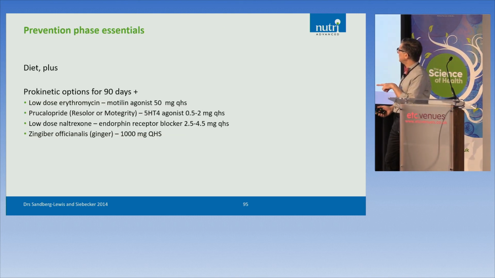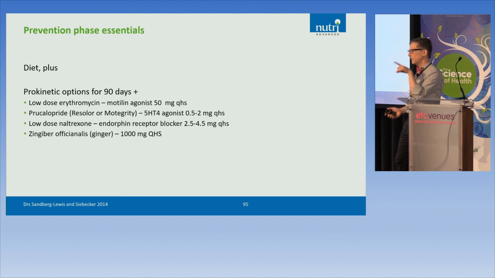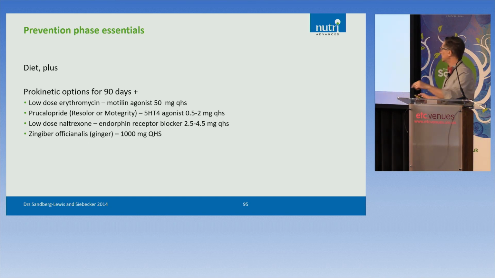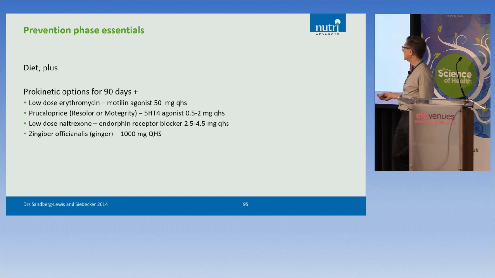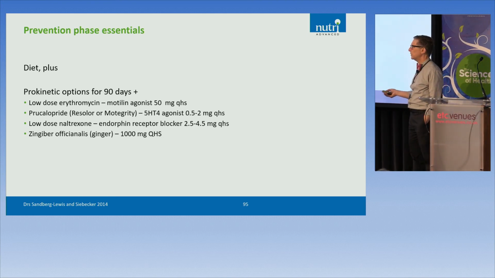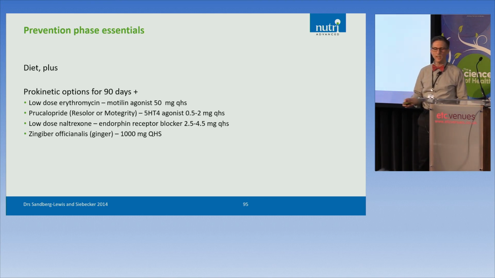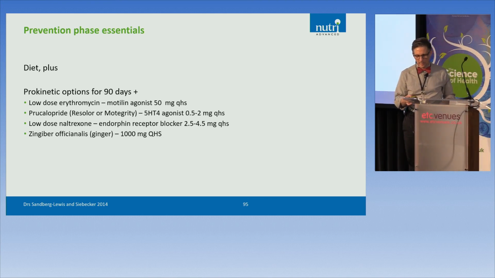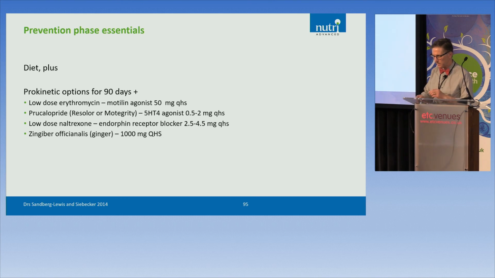So prevention phase, again, for methane, prokinetic options for at least 90 days, sometimes longer. Listed them again. And there's ginger as an herbal prokinetic. There were a few more, but they were proprietary, so we removed them. But I can just explain the basic idea.